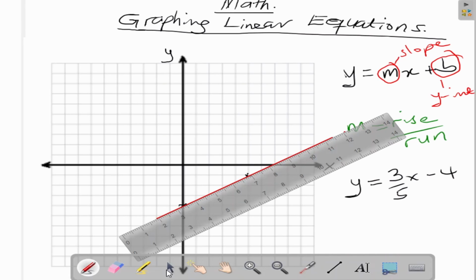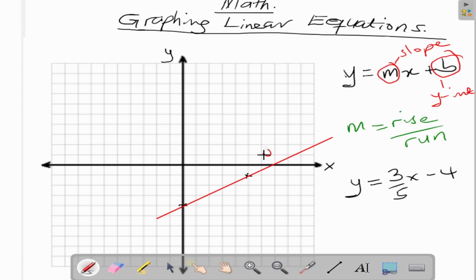Right, so here we have our line right here. y equals 3/5 x minus 4.